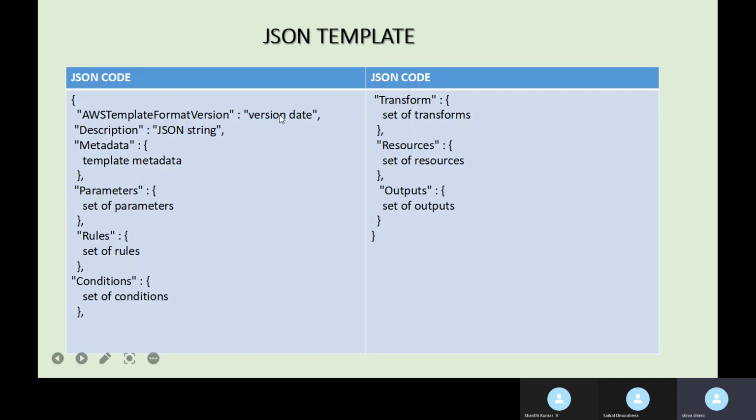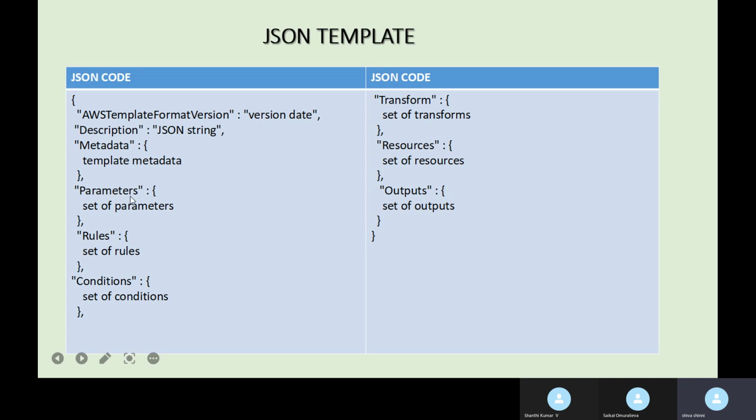Basically, this is the structure of a JSON template. The first thing here is the template format version, which represents the version of the template. The next thing is the description, which describes this template. And the metadata will describe more information about this template.